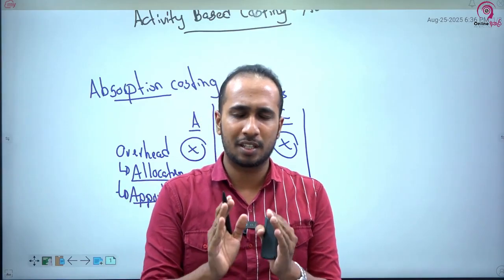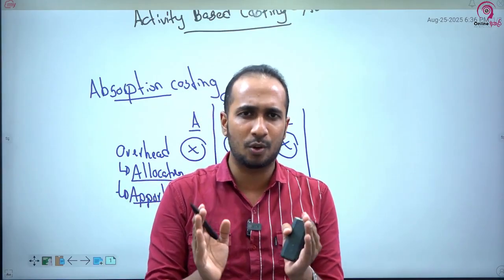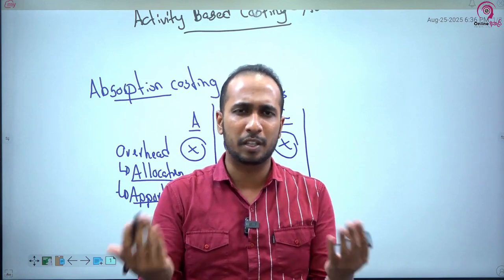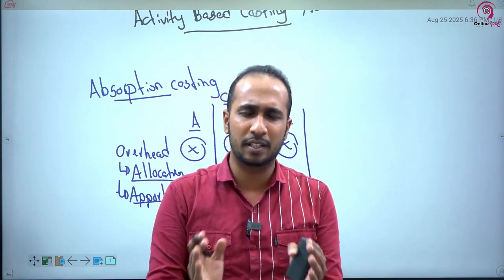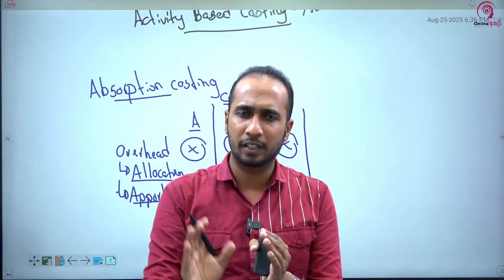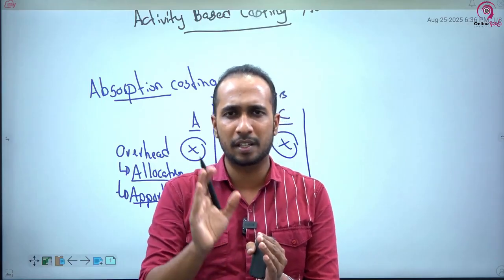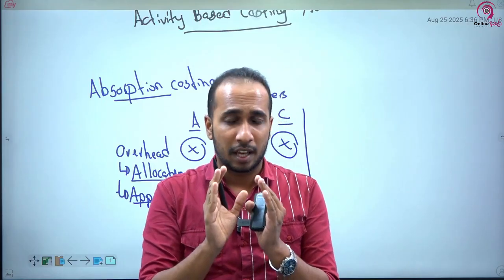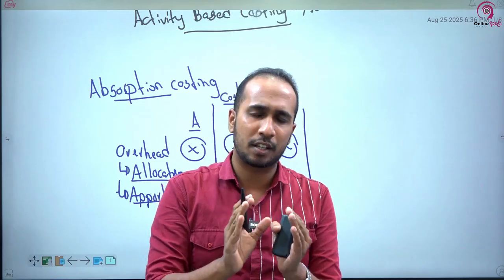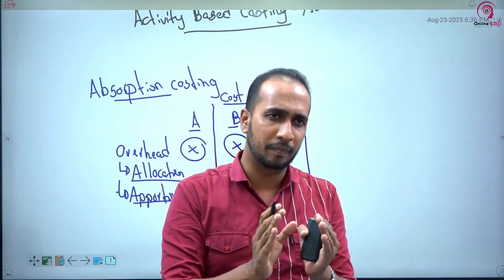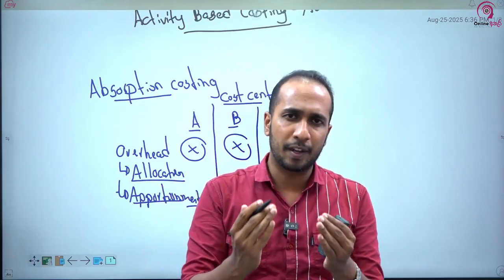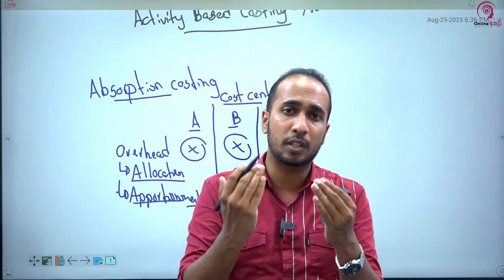If it is manufacturing only one product, we don't need any special costing system. We simply take the total manufacturing cost divided by the number of units. But if an organization is manufacturing more than one product, then we should have a proper way to assign the overhead cost to those products.